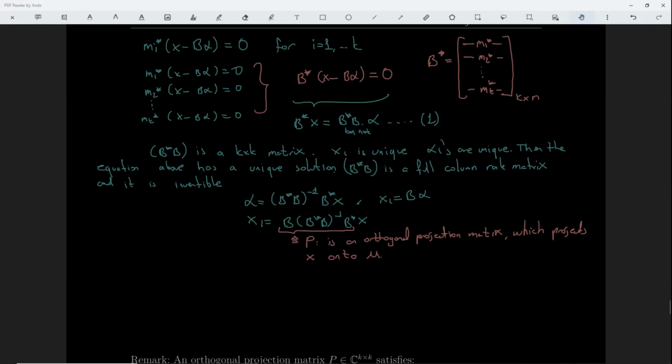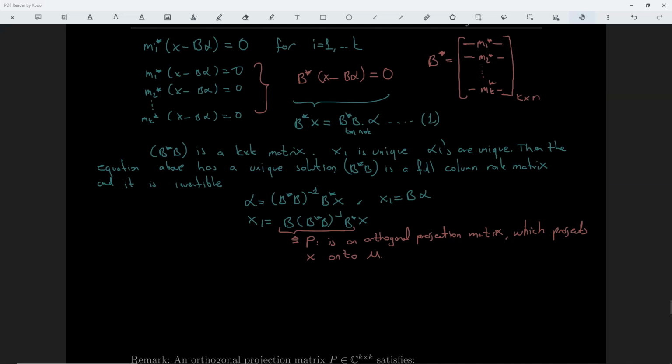Okay, and that matrix multiplication is done by using an orthogonal projection matrix, and when you multiply a given vector with that matrix, that projects the given vector x onto our subspace M. Okay, so this is a special matrix.